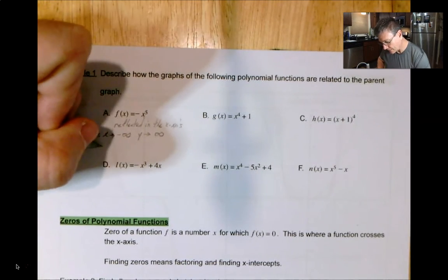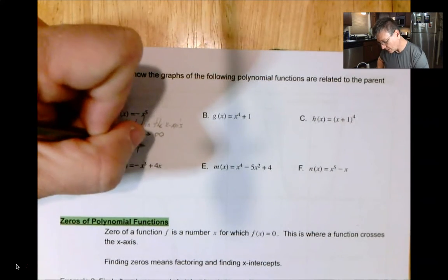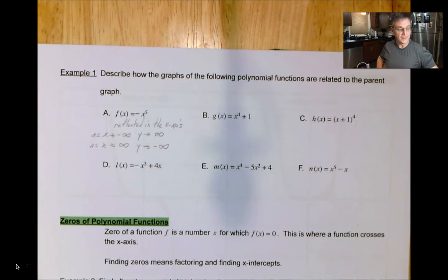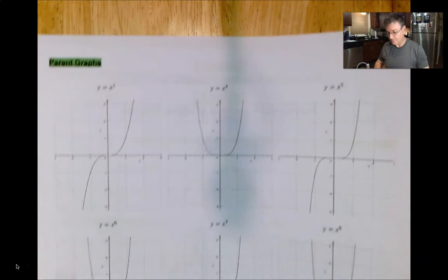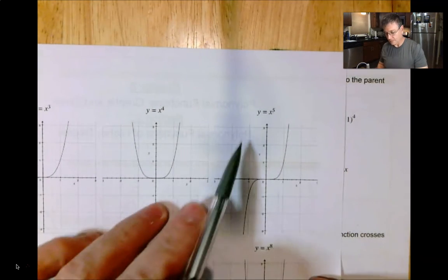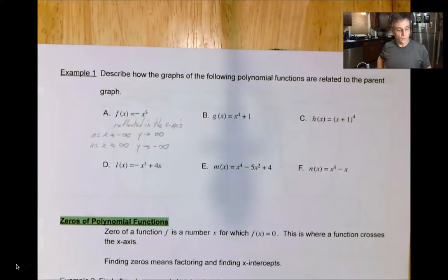As x goes to positive infinity, y goes to negative infinity. So it's the opposite of the x to the 5th graph, which is here. Instead of going down to the left, up to the right, it's going to go up to the left, down to the right, because it's been flipped over the x-axis.